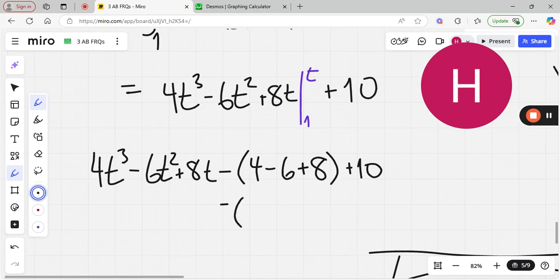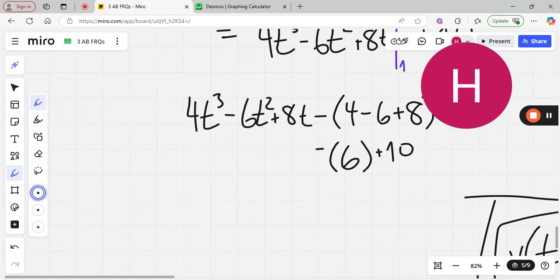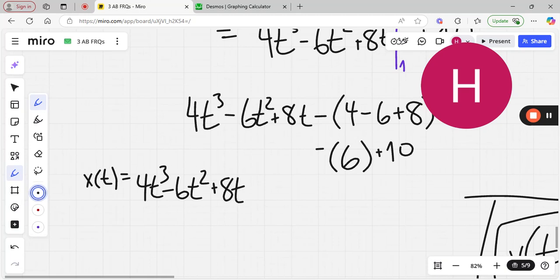So this is negative 2 plus 8, which is just 6, plus 10. So altogether we have that x of t is equal to 4t cubed minus 6t squared plus 8t plus 4.